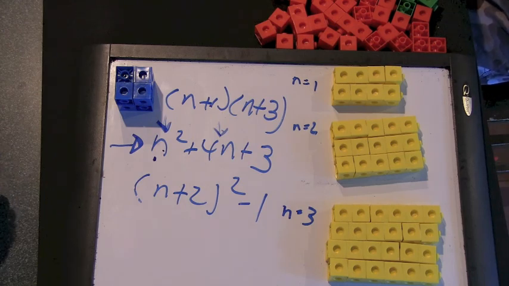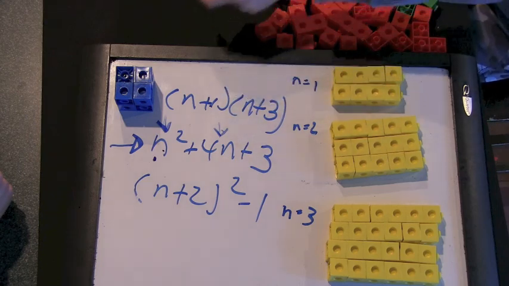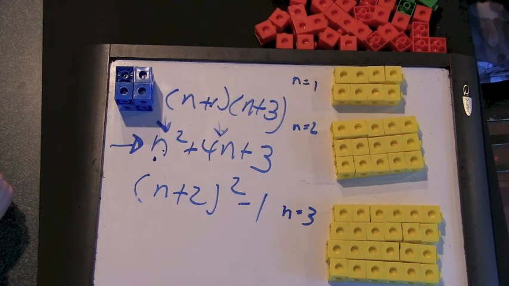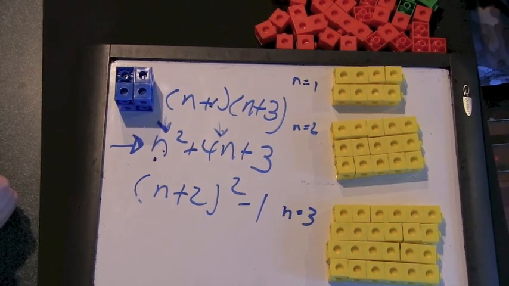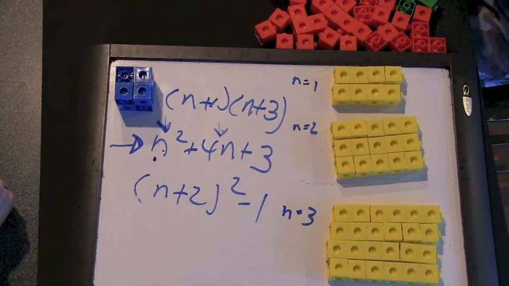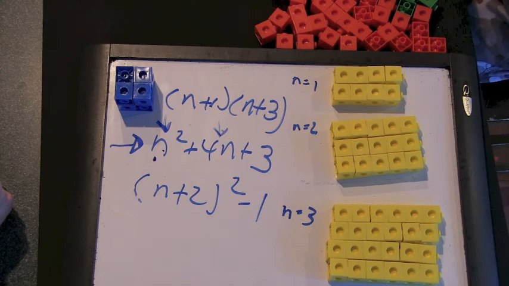It's going to have to be a 3-dimensional shape, but we can't. 15 only has 2 divisors, 3 and 5, so we can't make a 3-dimensional shape.